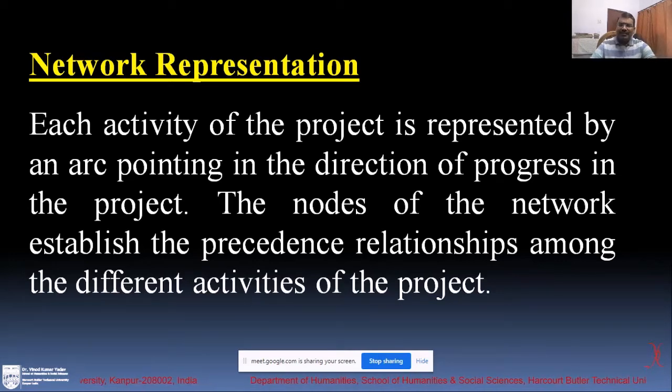Each activity in the network of a project is represented by an arc pointing in the direction of the progress of the project. The nodes of the network establish the precedence relationship amongst the different activities of the project. There are two nodes for any activity, a starting node and an end node, which connect one activity to another.